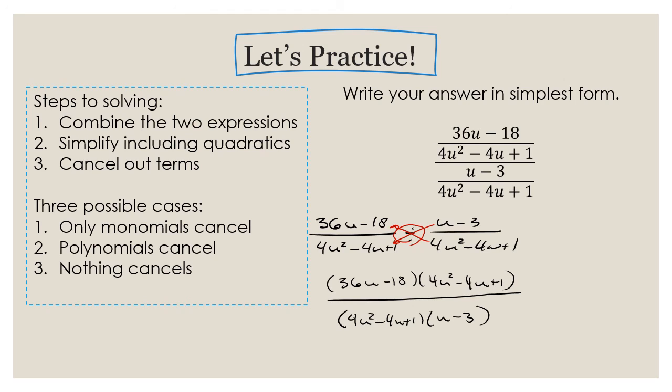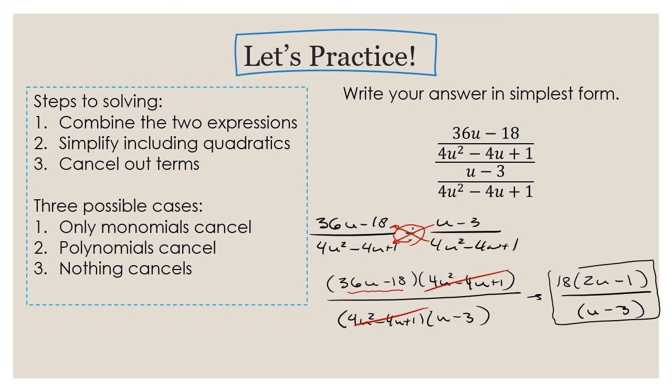Okay, we got a cancellation. This and this match, so those cancel. And let's deal with 36u minus 18. We can pull out an 18 from both of those, and we'll be left with 18 times 2u minus 1, all that over u minus 3. You would like to cancel that, but actually you can't do any more canceling. This is your final answer.